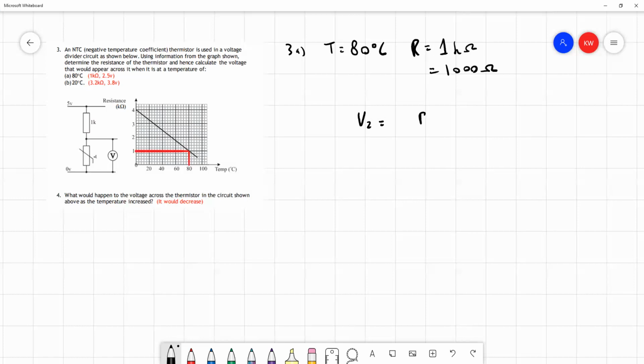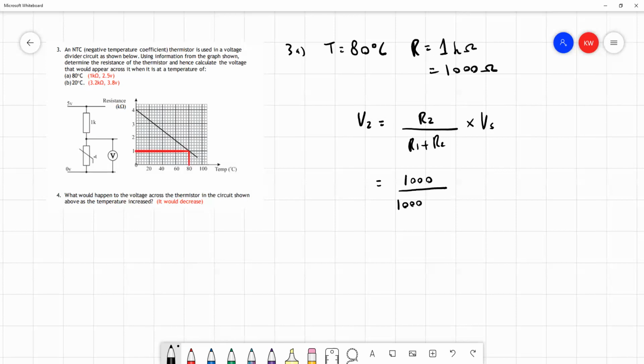So V2 is equal to the resistance across that resistor divided by the sum of the two resistances, multiplied by the supply voltage. In this case, R2 is the value that we've just found in part A, which is 1000. Resistor 1 is also 1000, 1 kilo ohm, that's given in the question.